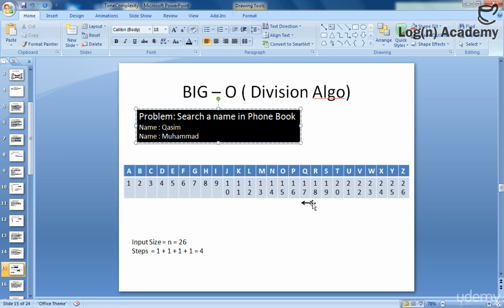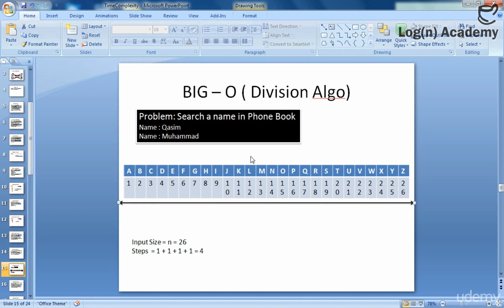How will we do this? We will use the same strategy, and now you will see the difference: the required result Muhammad will be found as fast as possible.